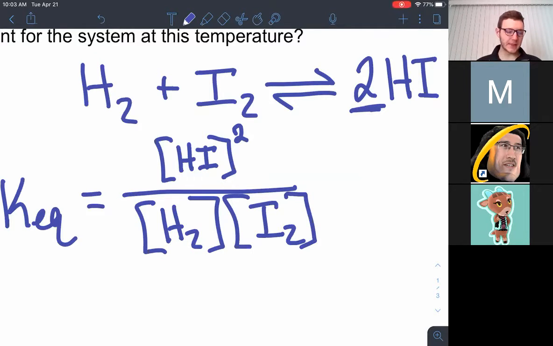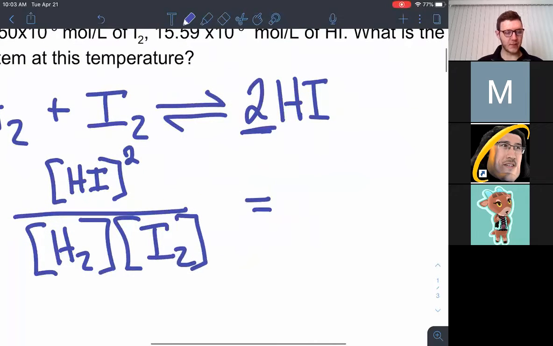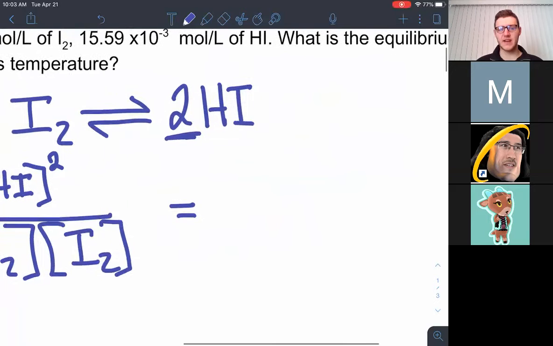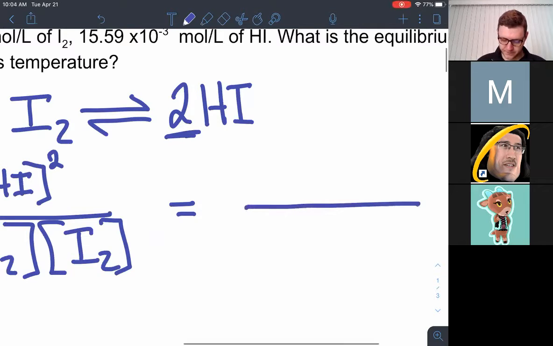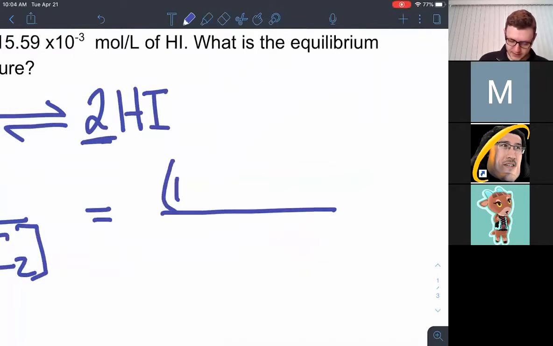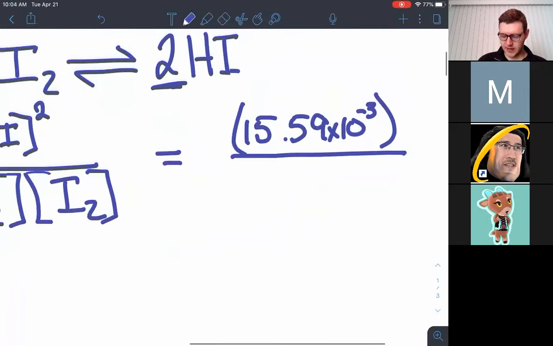Now all we need to do is plug in our values. So we take our values from the problem. It tells us that it's 15.59 times 10 to the negative third moles per liter of HI, so that goes on the top. So we have 15.59 times 10 to the negative third, and this is squared, so we have to square this value.